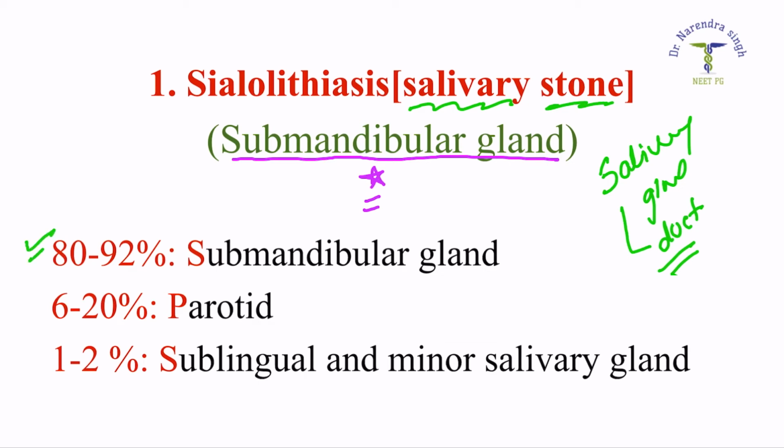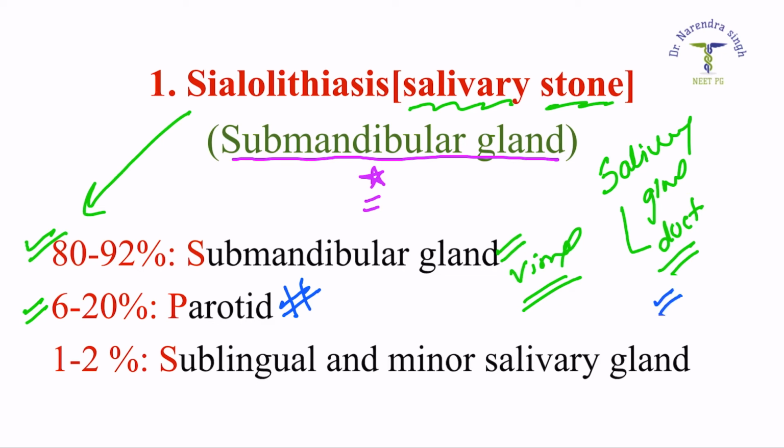See the variation. 80 to 90% of sialoliths are seen in the submandibular gland. This is a very important question. Second, 6 to 20% are seen in the parotid gland. So the second most common gland involved in stones is the parotid. We have to remember this.